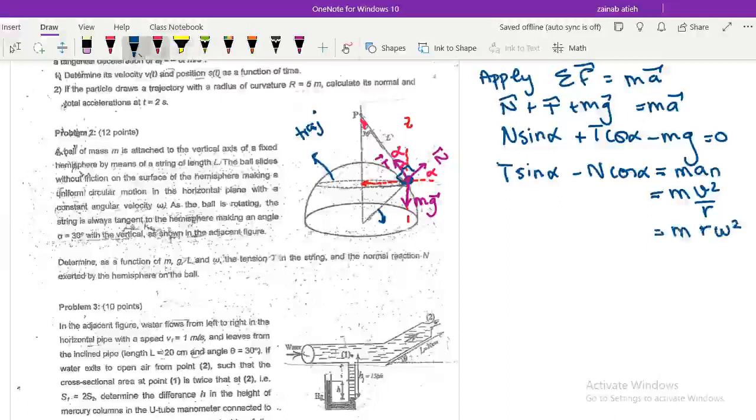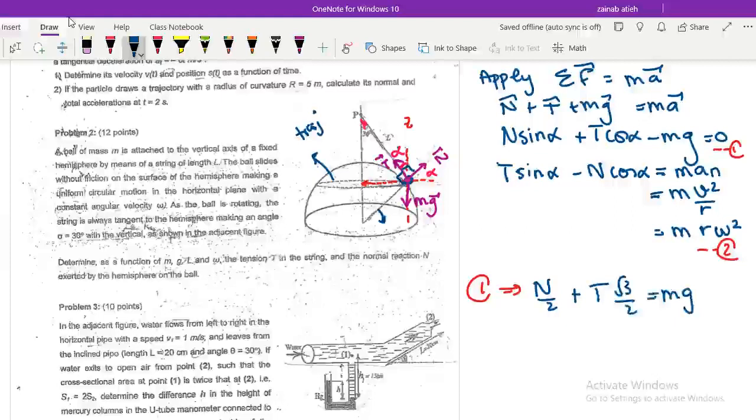Okay, now I have two equations and two unknowns. I have to merge them and get T and N. This is equation 1 and this is equation 2. I have to merge them together to get the answer. So from equation 1 we will get, I will write N. Now sin alpha, sin 30 is half, so N over 2 plus T cosine 30, which is radical 3 over 2, equals mg.